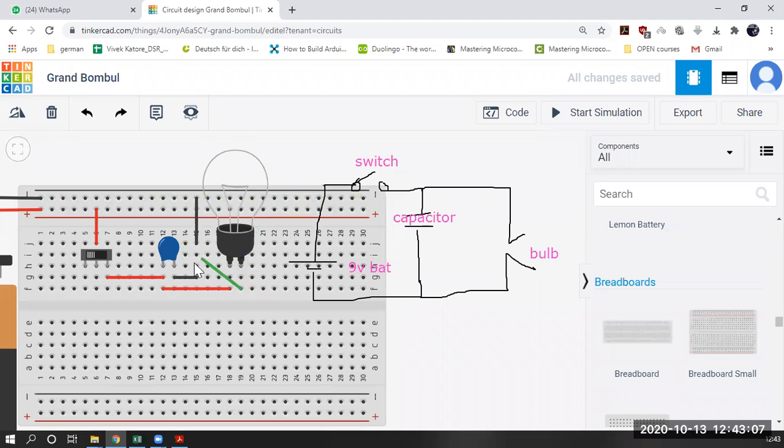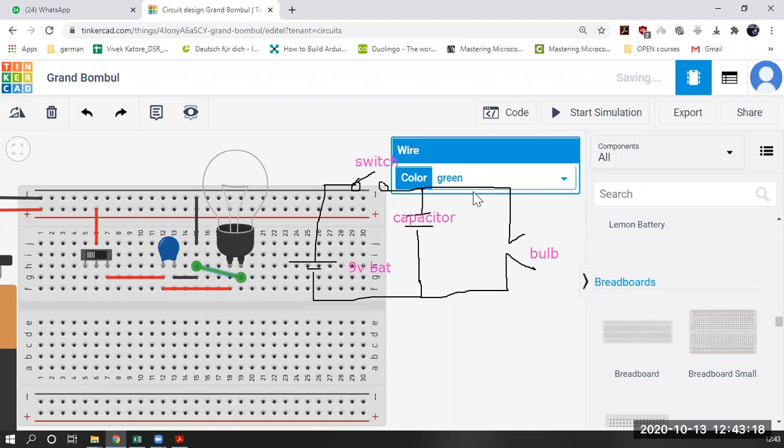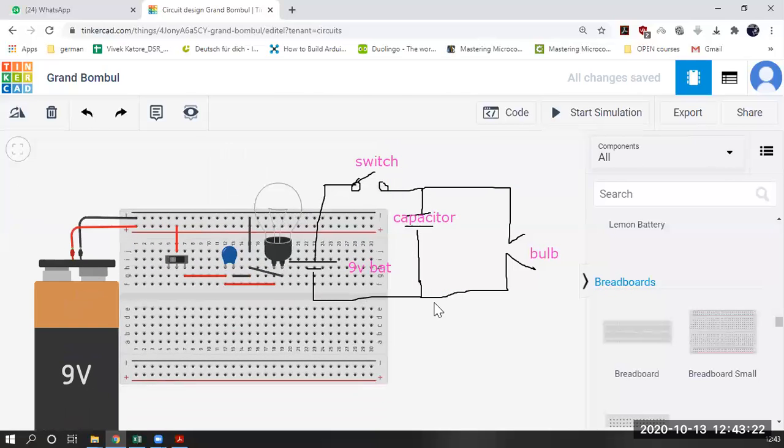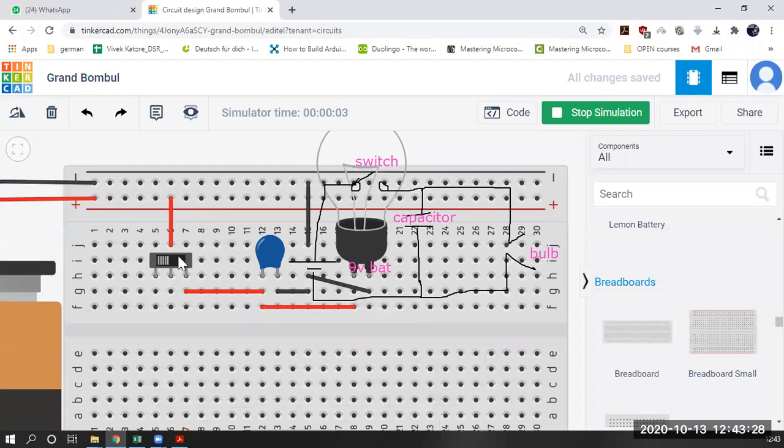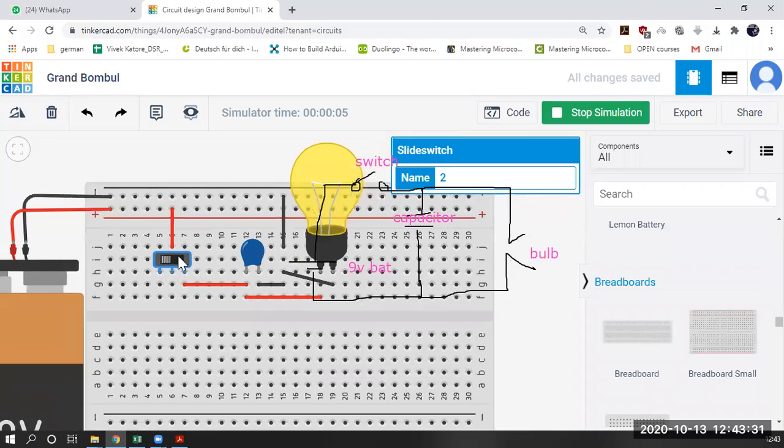Both are the minus, both are the same. So rather than like this, I will connect it like this, for simplicity. I guess you will get a little confused about this, but when you try to use it, you will get it.